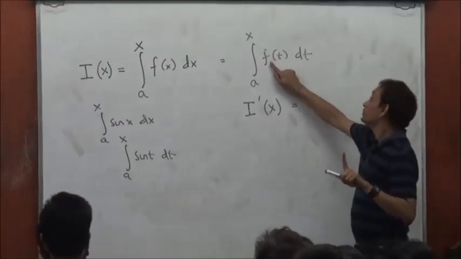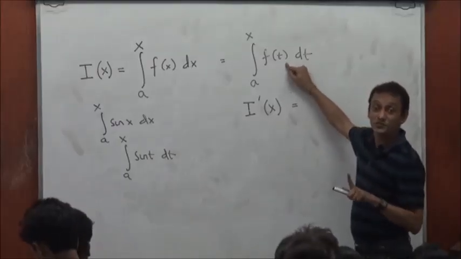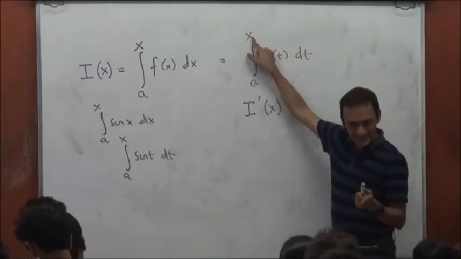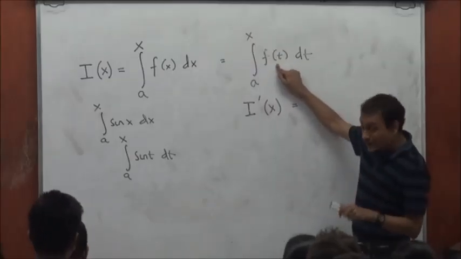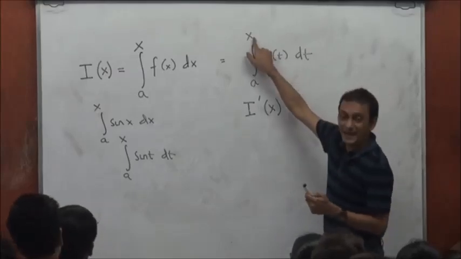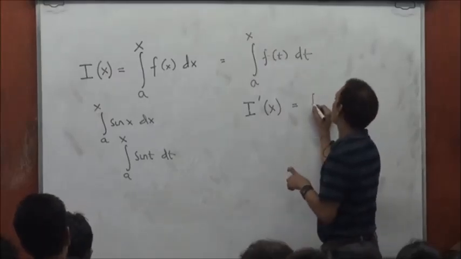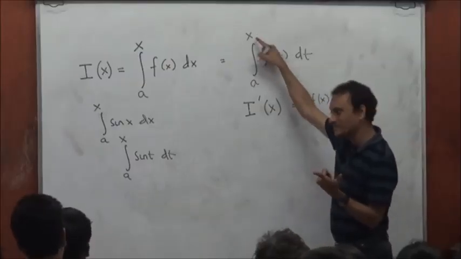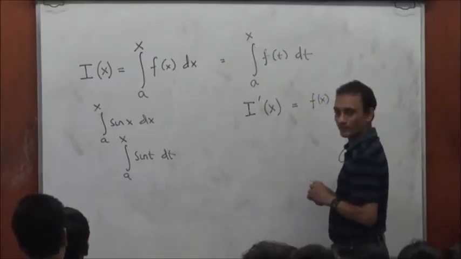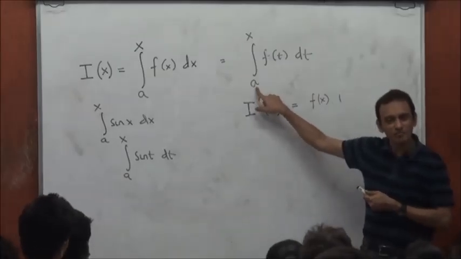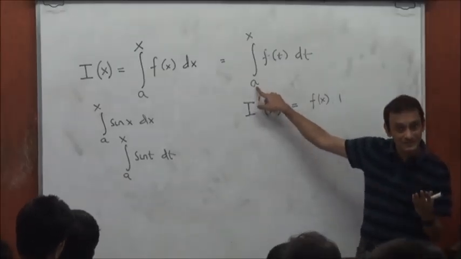The first term, differentiate this with respect to x, which is 0. Because this t has nothing to do with this x. So differentiating this with respect to x will give me 0. In the second term, replace this t by x, and then differentiate this x with respect to x, which is 1. The third term will be 0 because the derivative of a constant with respect to x is going to be 0.